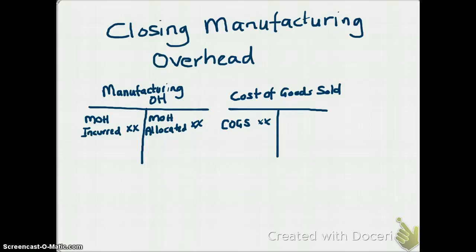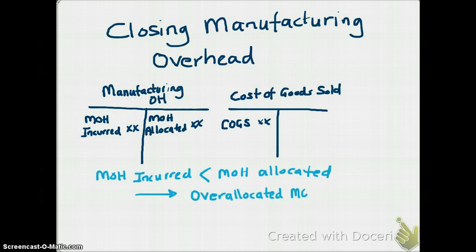Let's take a look at the reverse situation, where manufacturing overhead incurred is less than manufacturing overhead allocated. In this case, we've over allocated manufacturing overhead. We have allocated too much overhead to jobs.